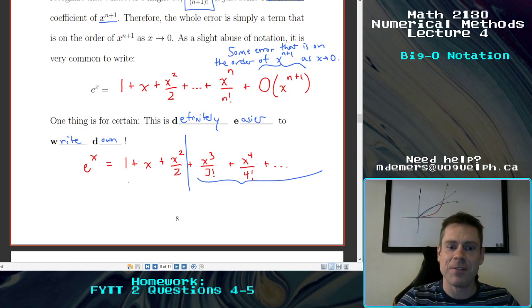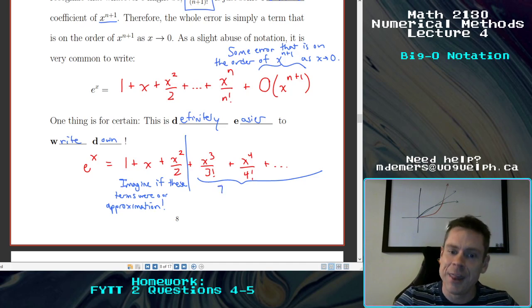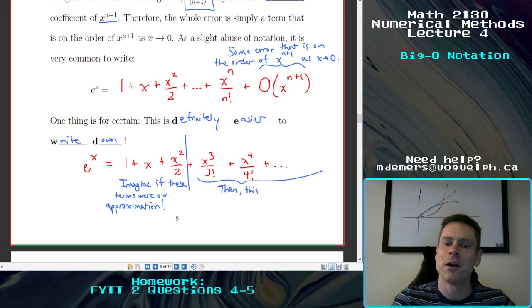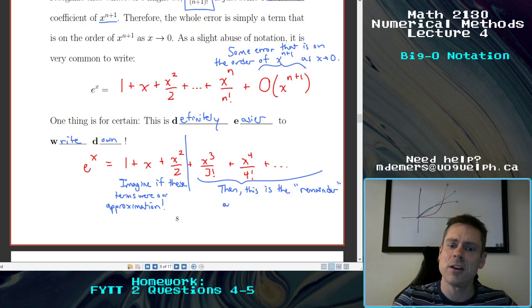So imagine if these terms were our approximation. If those terms are the approximation, then this is the error. It's the rest. It's the remainder and the error.